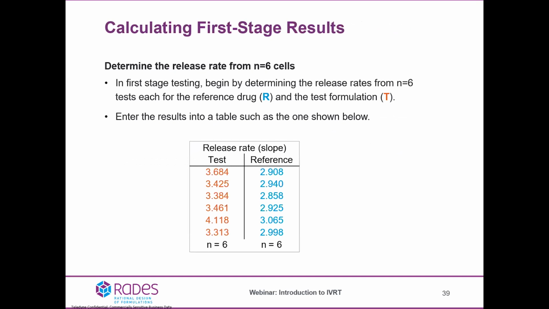To compare a test and a reference formulation, for example, a modified formulation with a marketed product, an IVRT will be conducted with 6 cells for each formulation. An example is given in the slide. So you see 6 release rates for the test formulation and 6 release rates for the reference formulation.